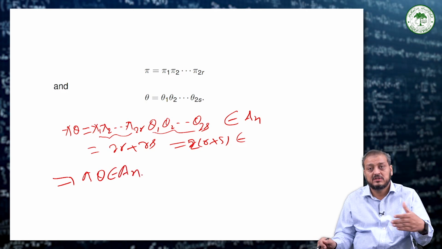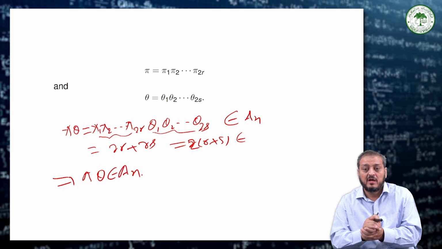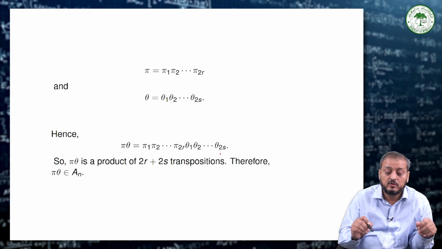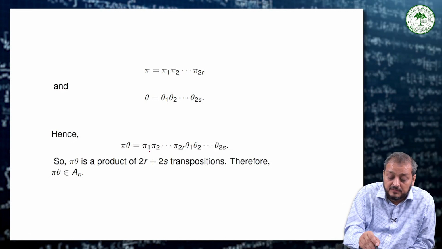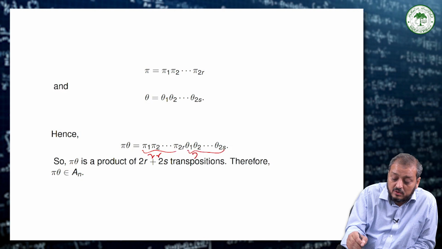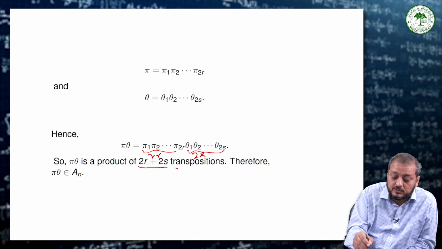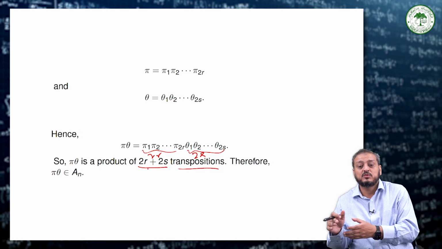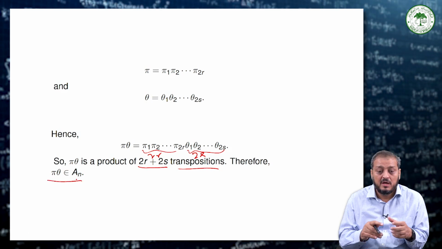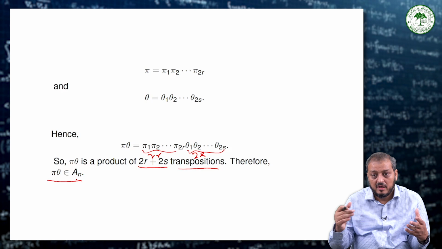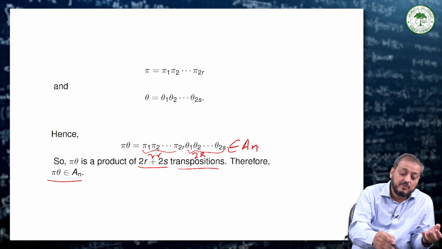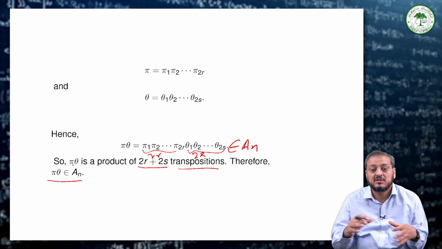So, this means An is closed under the operation of composition. Just writing in this form, theta pi is a product of 2r and 2s transpositions, that is 2r plus 2s transpositions, and 2r plus 2s transpositions is again an even number of transpositions. Therefore, if pi and theta are elements of An, then theta pi also belongs to An.